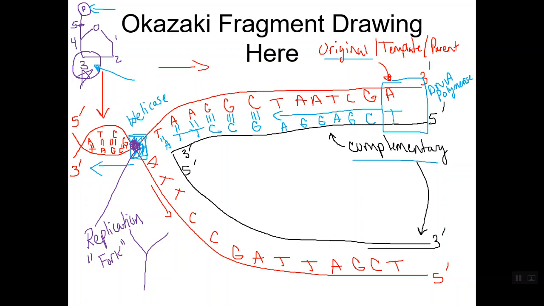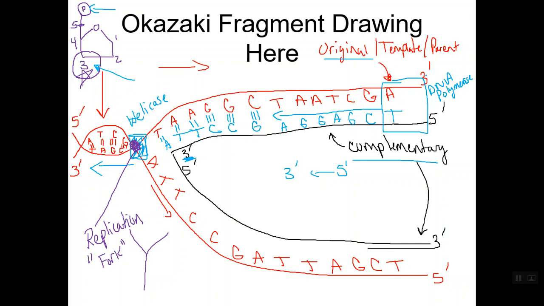So on the complementary side, the 3' end is towards the left. That's why you're building towards the left. So on the complementary strand, you move from 5' to 3' in the direction of the 3' side. Since DNA is anti-parallel, it's the opposite on the original strand.